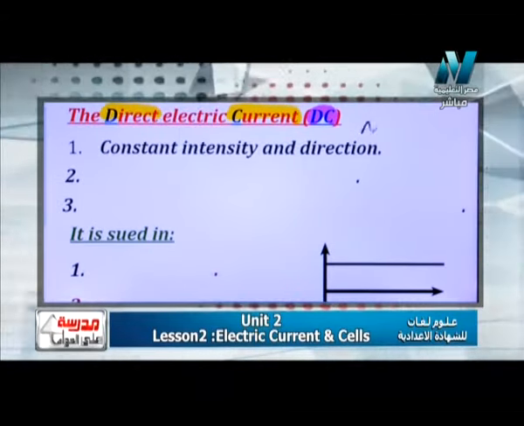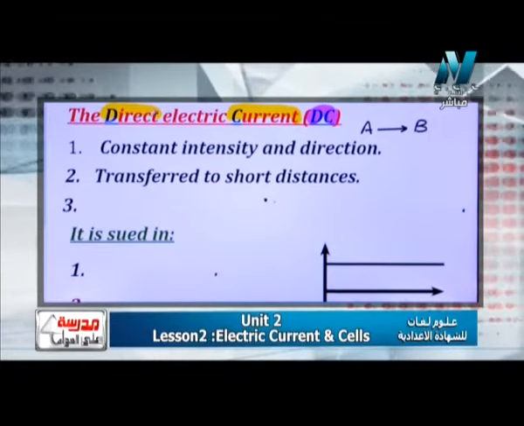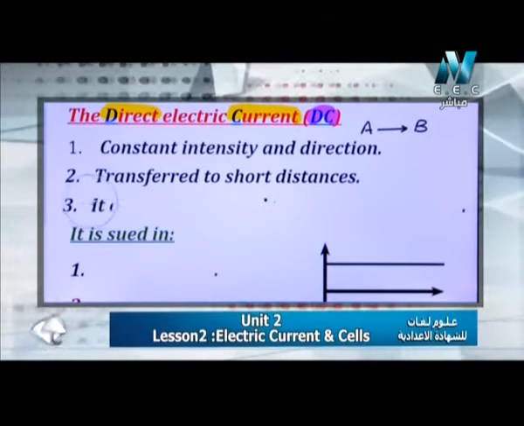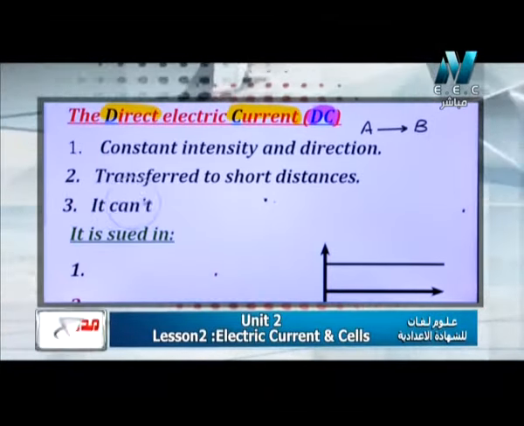Number two, it is transferred to short distances. Number three, it can't be converted to alternating current.